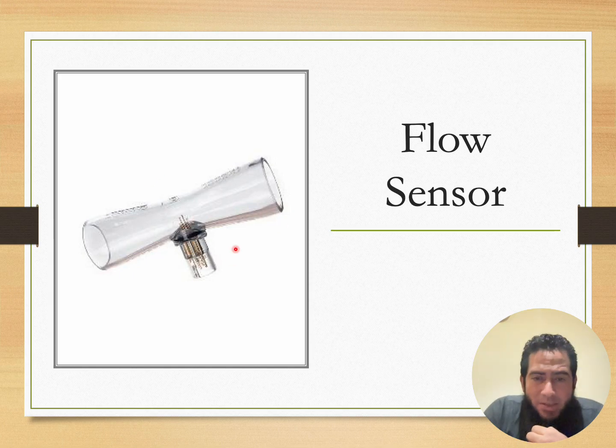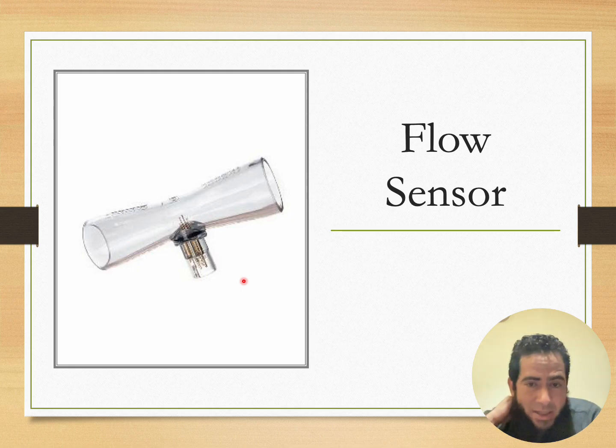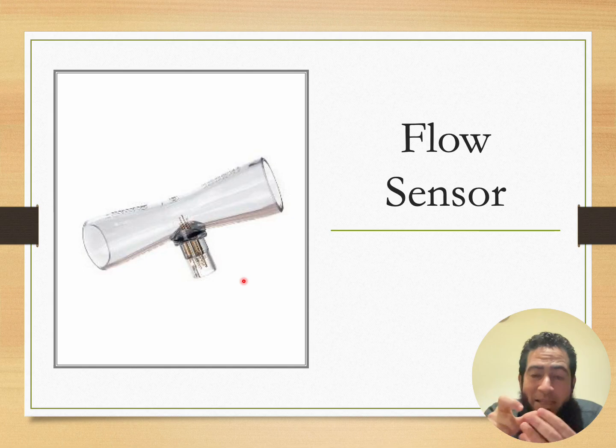So this is the flow sensor, okay? This is the flow sensor actually of the Drager ventilators. The flow sensor is a part of the machine that actually feels the flow velocity on the expiration end of the ventilator.